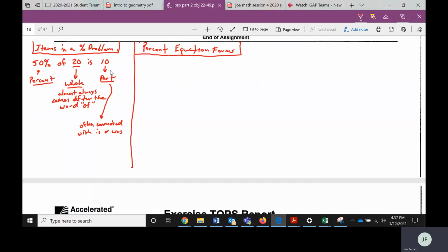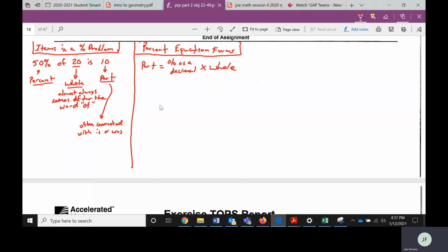I'll show you those. I'll talk about this when we do the problems, but if your missing item is the part, the way you find the part is you take the percentage as a decimal and times it by the whole. And we'll do plenty of examples here in a second.